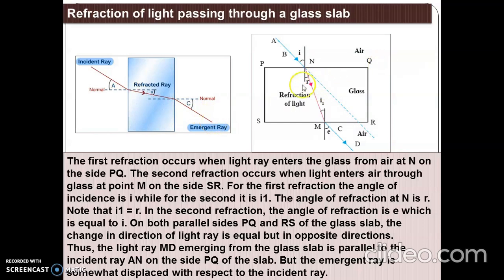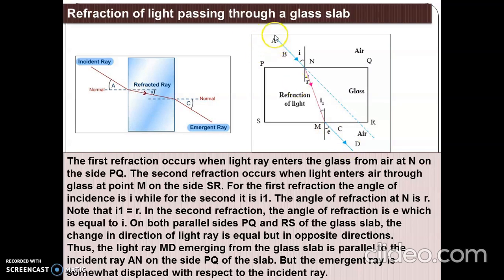Now concentrate on this diagram. We will study this slowly. The first refraction occurs when light rays enter the glass slab from air at N on the side PQ. This is the ray of light entering from air to the glass slab at N. The second refraction occurs when light rays enter air from glass at point M on side SR. So this is the side SR, this is point M, and then the light enters the air from the glass.